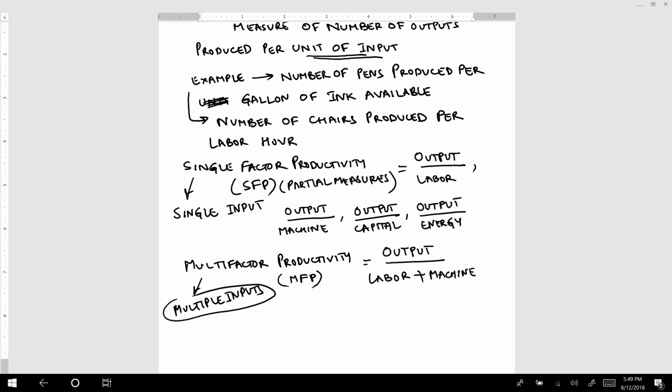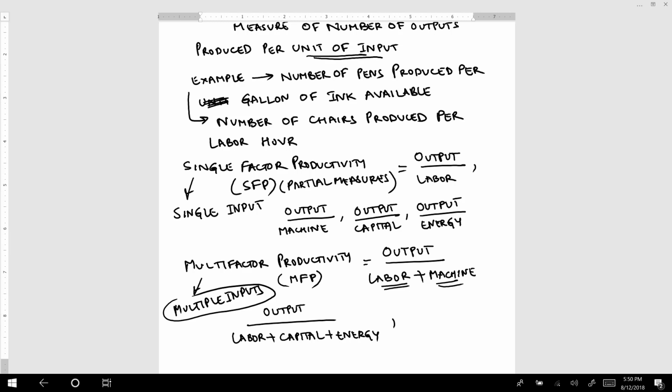There are other measures based on the availability of input factors. We can use different inputs. Another multi-factor formula can be output divided by labor plus capital plus energy.